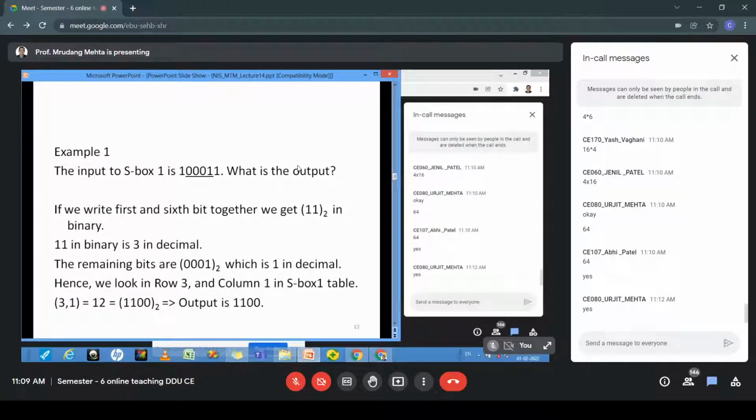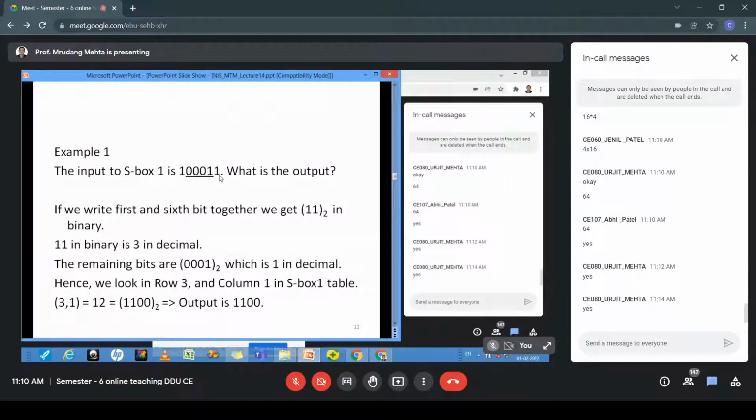Urjit and others, those who could not clear your concept of x1 to x6, now you can see. If we write the first and sixth bit together, the first bit is 1 and the sixth bit is 1. Writing the first and sixth bit together results in 1 1 in binary.